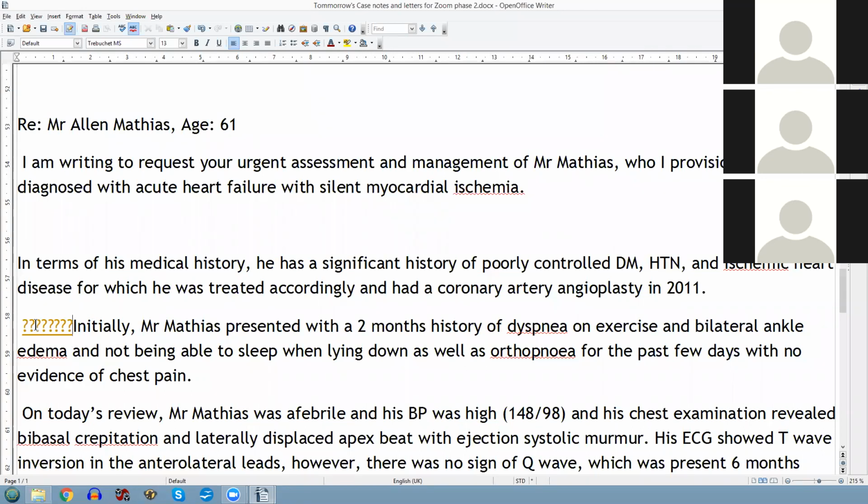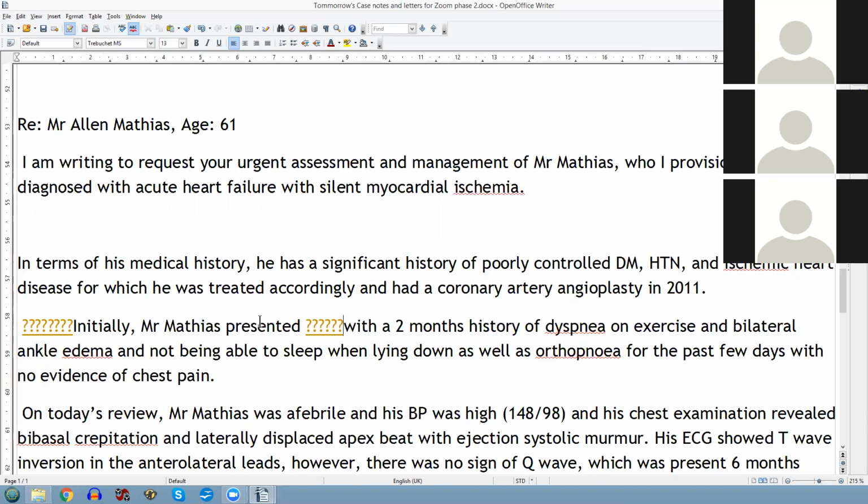So when you're talking about the simple past here, presented, as Shahid was just asking about, initially, okay, but we usually need to know when this past action occurred. So initially, Mr. Matthias presented on the 23rd of the 5th, blah, blah, blah, with a 2 months history. So either at the start or here, we would need a date of some kind when the past action occurred.